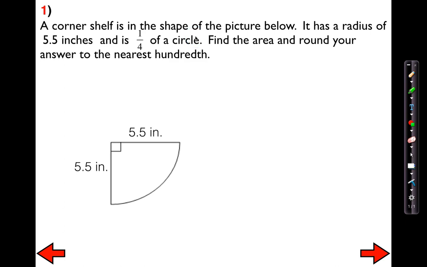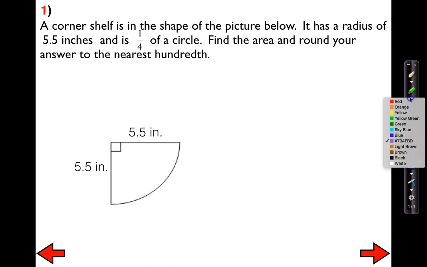Number 1, it says a corner shelf is in the shape of the picture below. It has a radius of 5½ inches and is 1/4 of a circle. Find the area and round your answer to the nearest hundredth. So, how am I supposed to find the area of this shape right here? Well, we do know it's 1/4 of a circle.